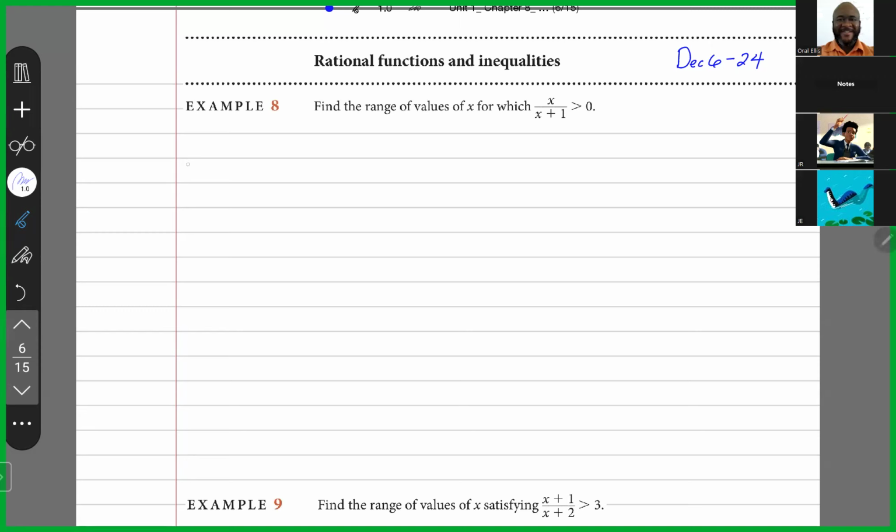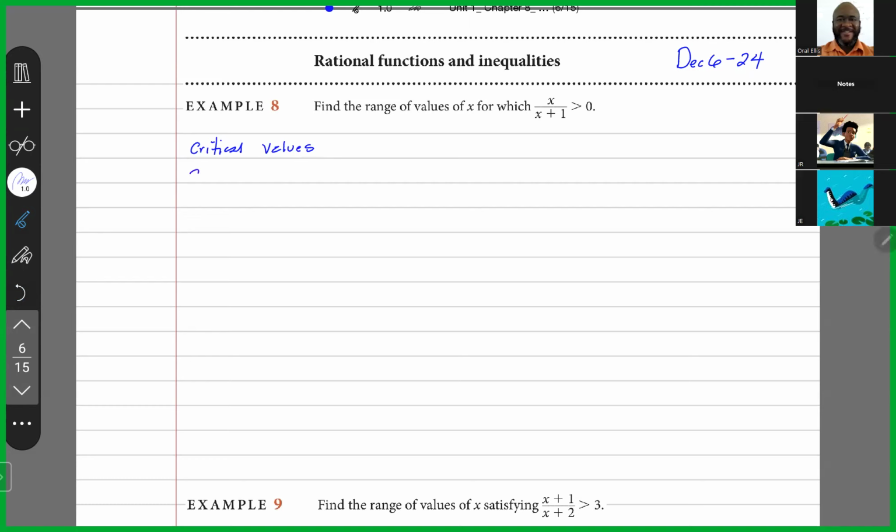So if I put the numerator equal to 0, I'm going to get x is equal to 0. And the denominator, let me just write critical values. So I'm finding the critical values. Now the critical values are the values of x for which the numerator and the denominator are equal to 0.